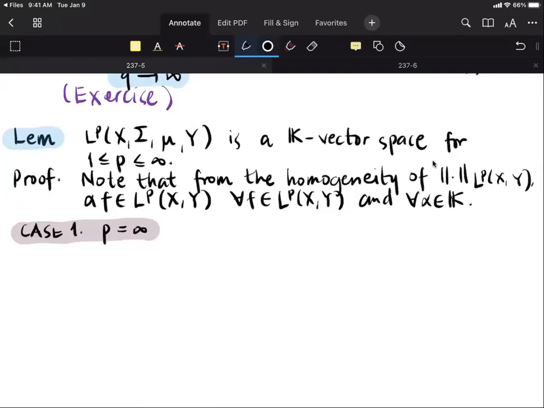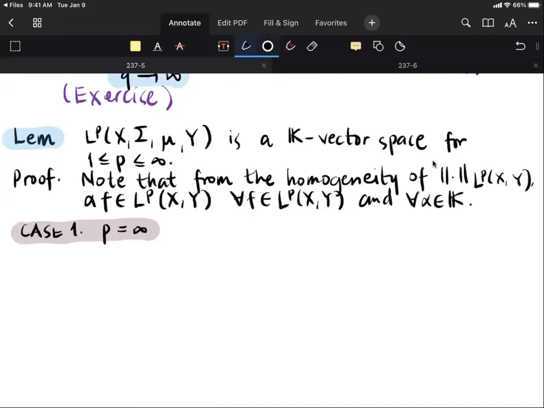Because you can consider this as a subspace of functions from X to Y, and take note that the collection of functions from X to Y is a vector space over K. Hence, you can consider LP as a subspace of the set of all functions from X to Y, and you only need to apply the subspace test. In other words, closure under scalar multiplication and closure under addition.